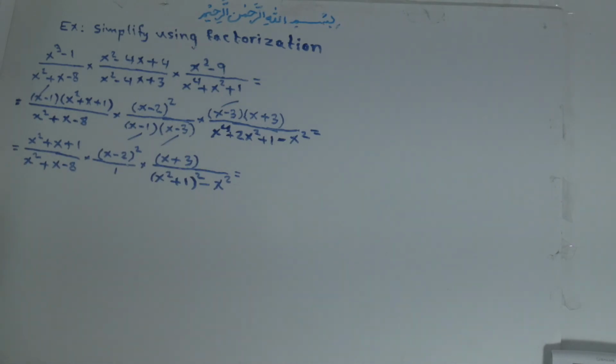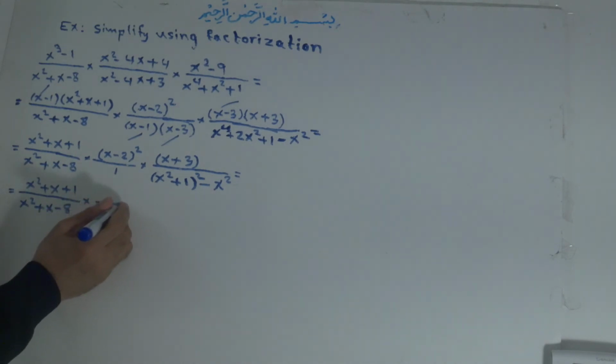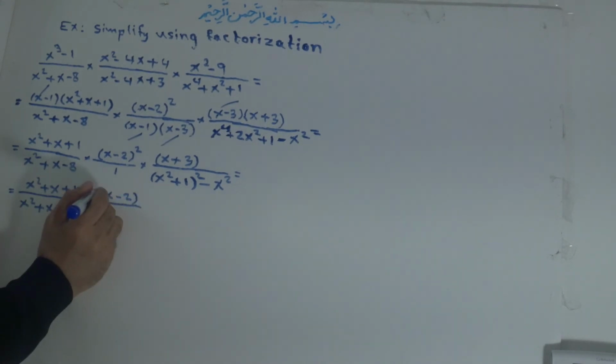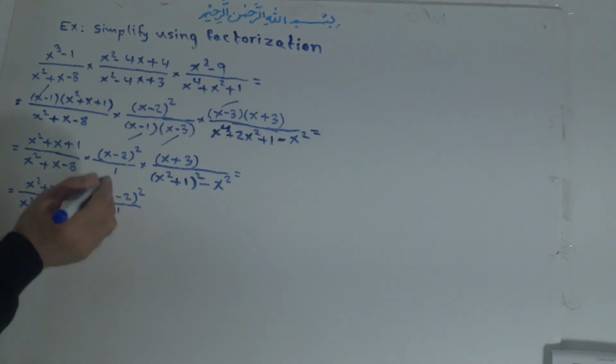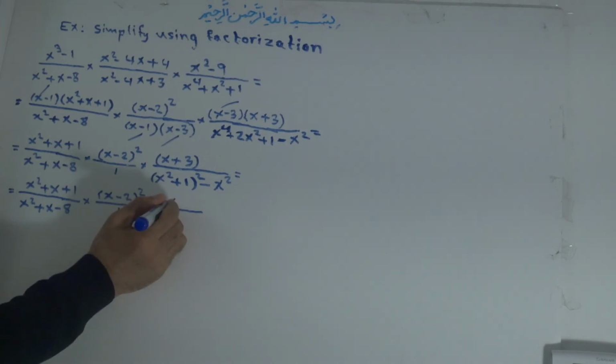Now it is again equal to x to the power of 2 plus x plus 1 over x to the power of 2 plus x minus 8, times x minus 2 to the power of 2, over 1 times x plus 3.